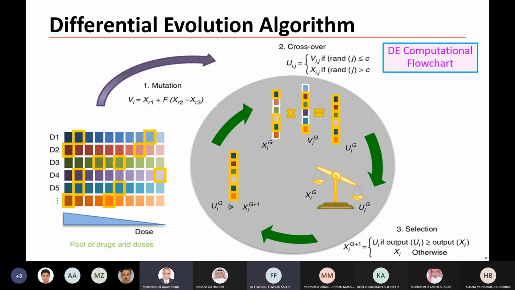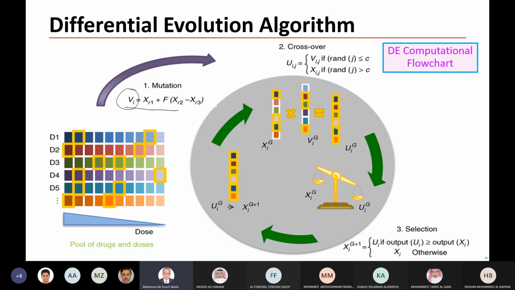Again, Fauzan, similar to genetic algorithm, you can either do the process as a batch, we are going together, or you can loop. You take Xi, select 3 randomly, and then you create a Vi, and then you do crossover with the Xi.